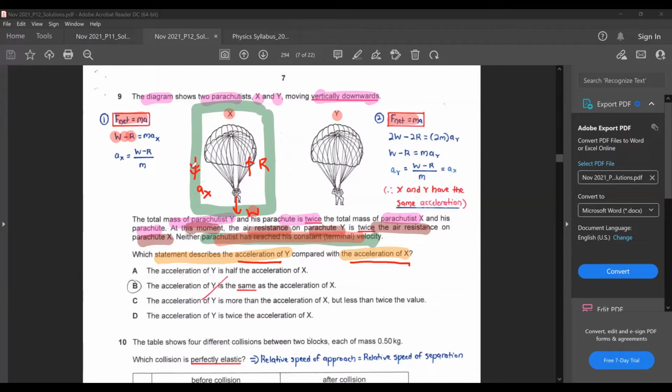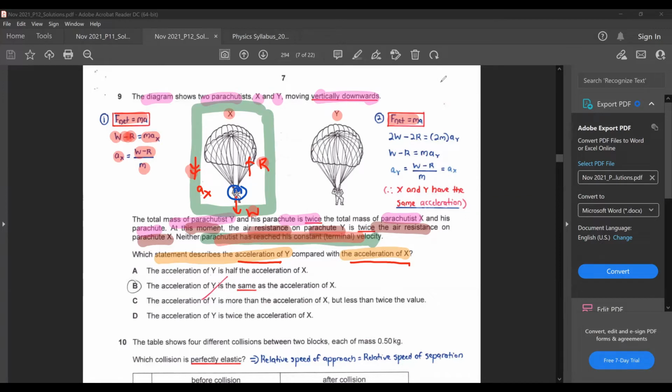W is positive because it's in the same direction as my acceleration. R is negative because it's opposite to my direction of acceleration. Then it will be max. So AX is W minus R divided by M. Let's say the person's mass is M here.